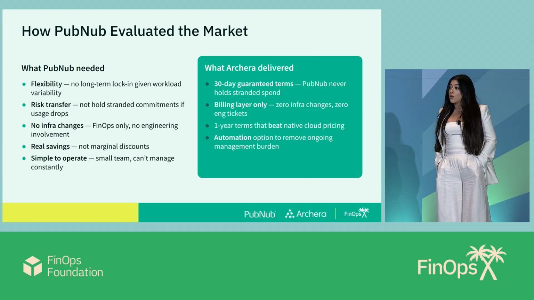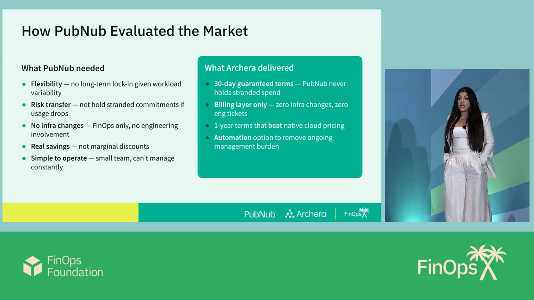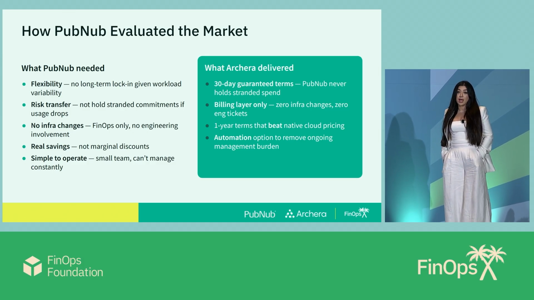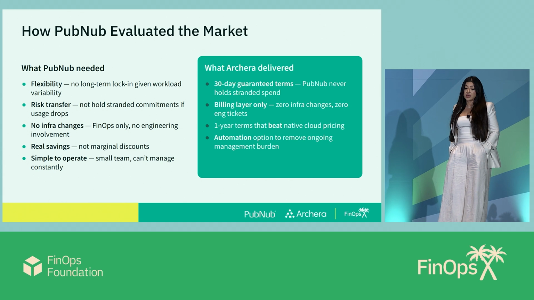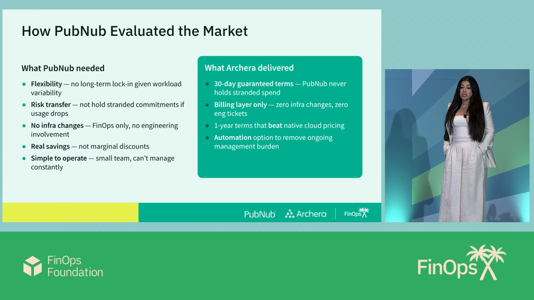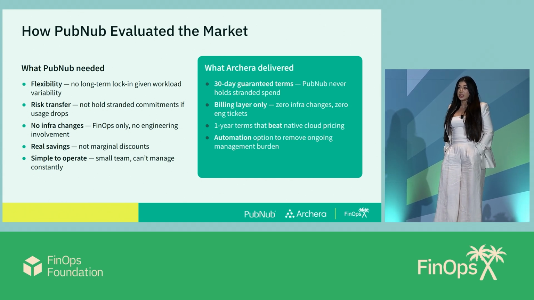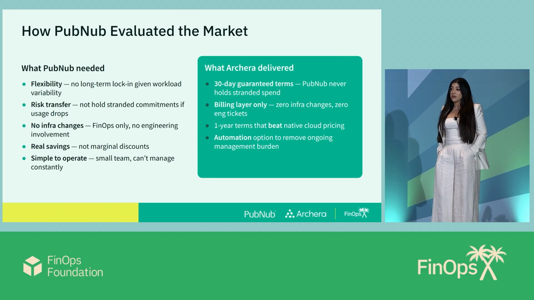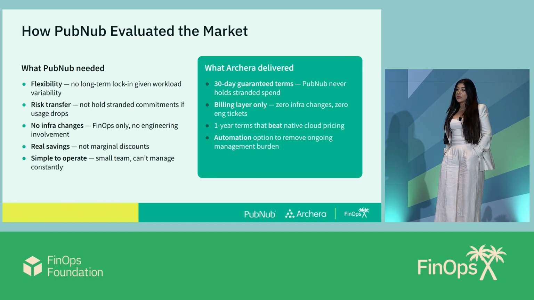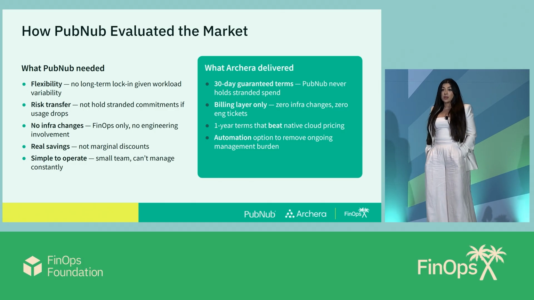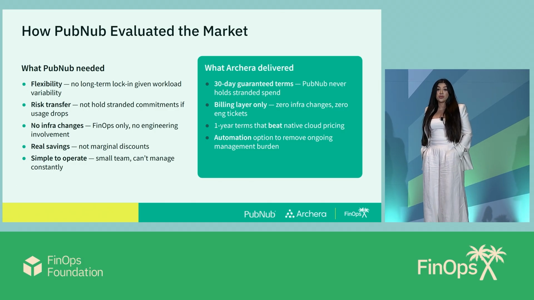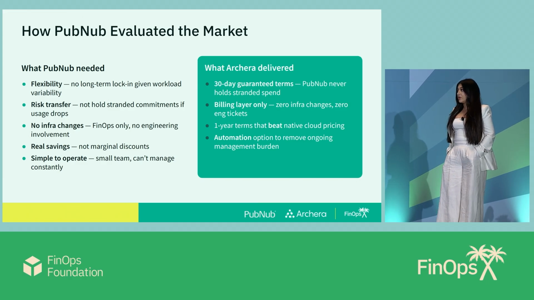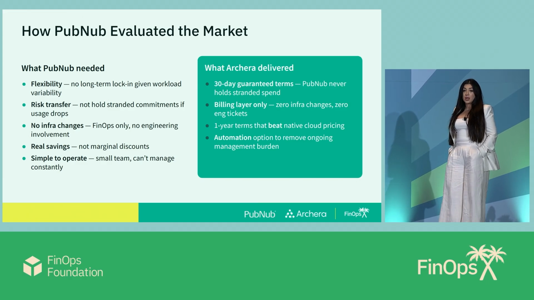We're at the billing layer only, so there are no infrastructure changes that need to happen when they go to achieve these savings, which means, to James's point, no engineering tickets, and 1-year terms that actually beat the native cloud provider savings they were achieving, as well as an option to automate the whole thing to alleviate the pain of having a small FinOps team, allowing them to free up time for more important decisions.